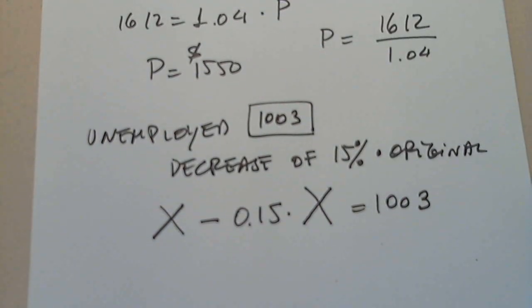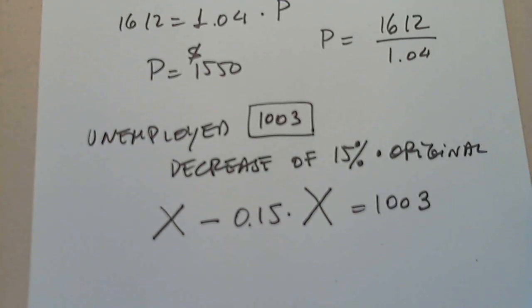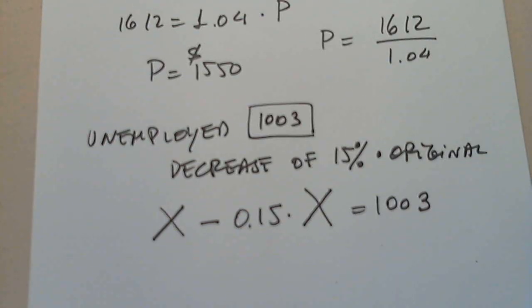Let's read the problem one more time to make sure we understand the steps. It shows that 1,003 of its residents were unemployed last month. This is a decrease of 15% from the previous month. So whatever it was the previous month, now 15% of that is a decrease.